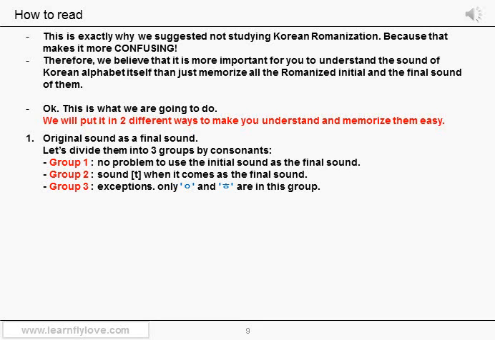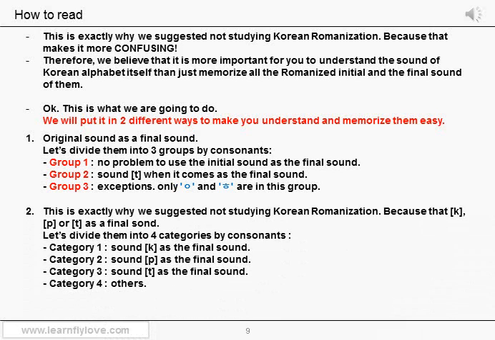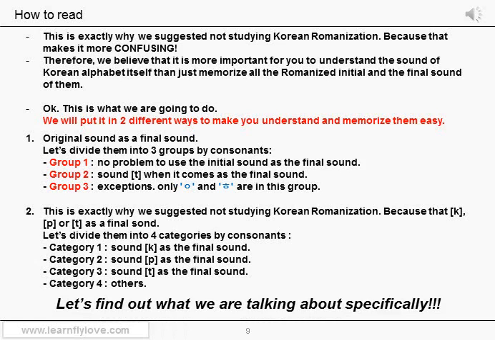Only ieung, the ng sound, and hieut, the h sound, fall into this group. It looks a little bit complicated, but it actually is not. Let's not talk about the second way because we don't like it that much. Just read it yourself. Don't worry, we're going to talk about it a little bit later. Let's go to the next page and talk about the first way.